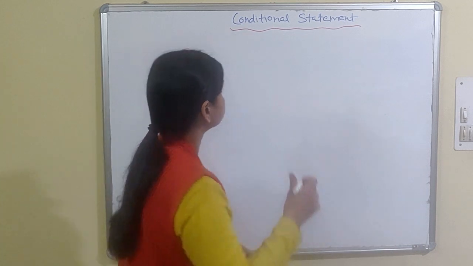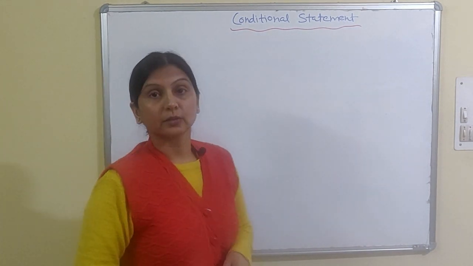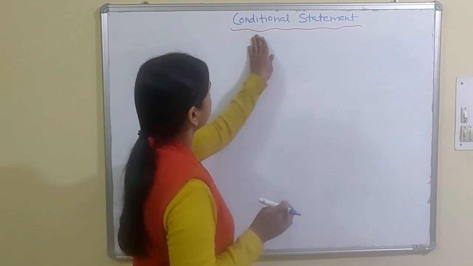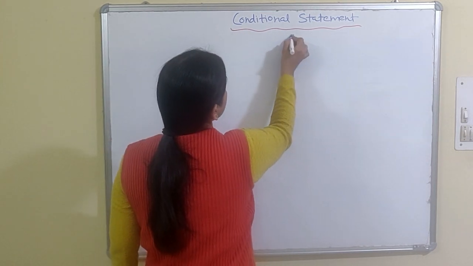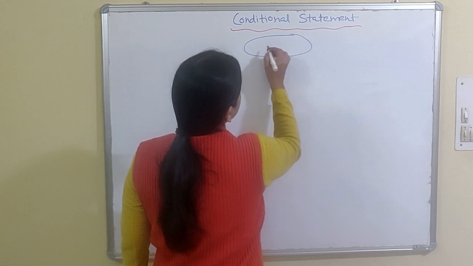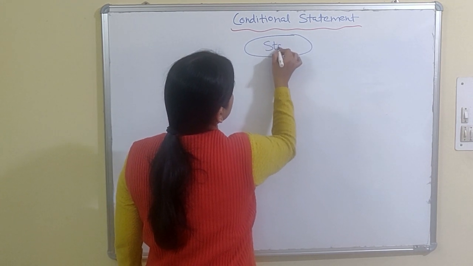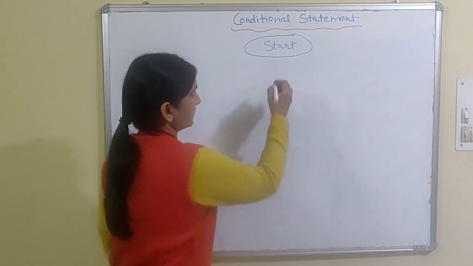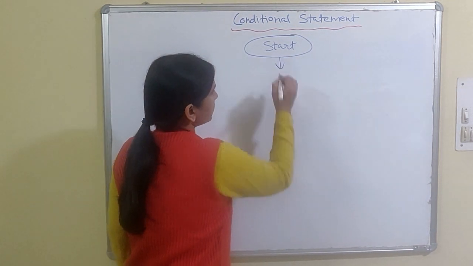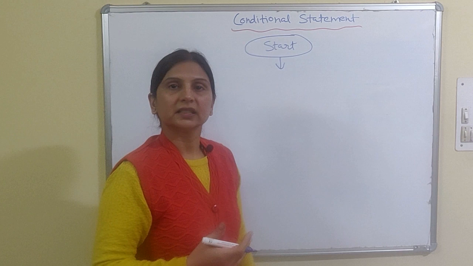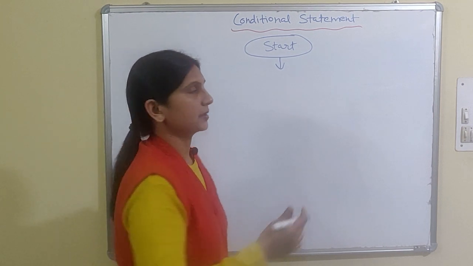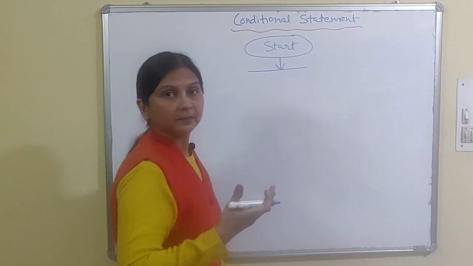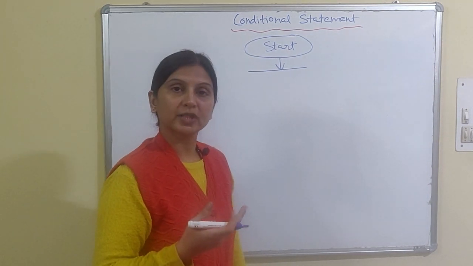So first, in flowchart, as I told you, the first box will be start box. Fine. So let's draw the oval shape box, and that is start box. Now the next step is to enter cost price and selling price, and enter means input, and for that we will use which box?